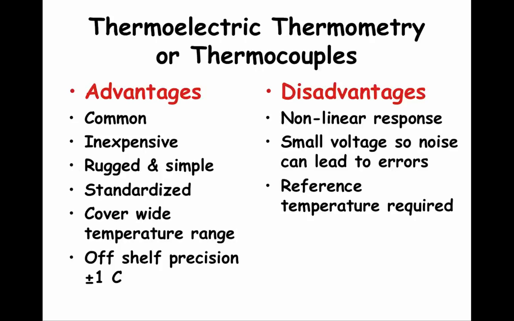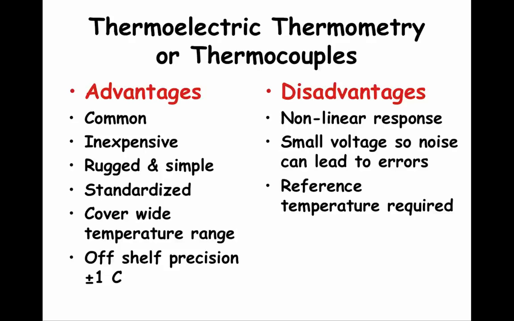This table summarizes some of the advantages and disadvantages of thermocouples. They are rugged and the dissimilar metal junctions are easy to make in the field. They can be used to measure temperature over a wide range of many common needs.